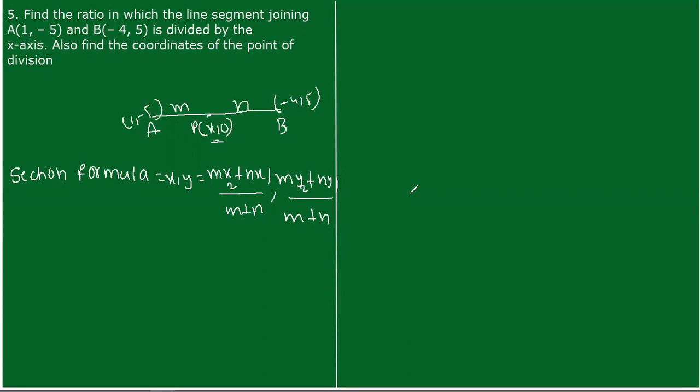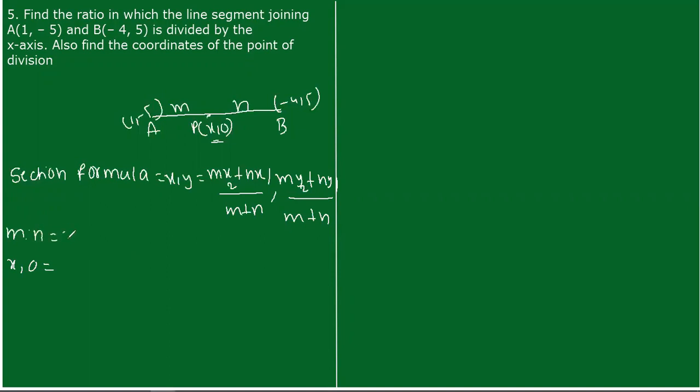So here we have to find the ratio m is to n. Remember that. The point P is (x, 0), so (x, 0) is equal to m, since the ratio is m is to n only.